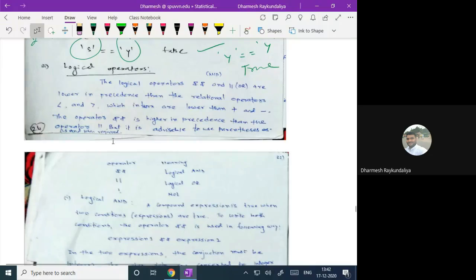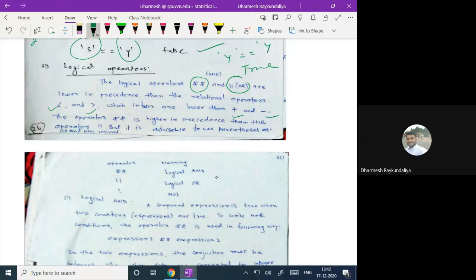Now we talk about the logical operators. So of course, what are the logical operators? Logical AND and logical OR are lower in precedence than the relational operators, which in turn are lower than addition and subtraction.